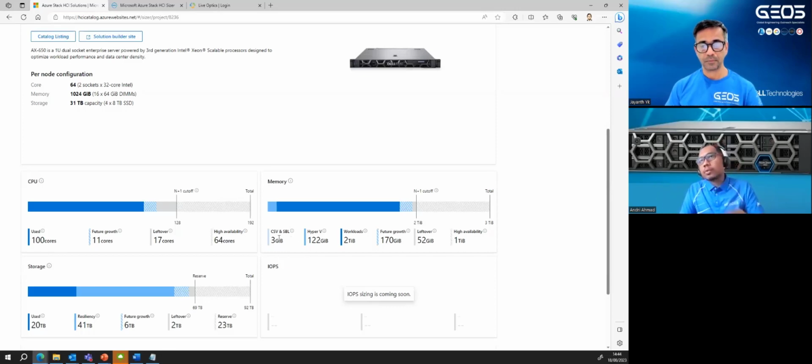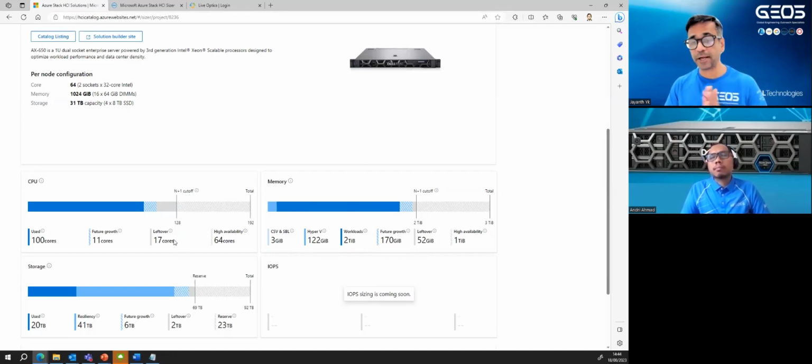So it shows you that it's very low here, only like 3 gigabytes. Overall, you still have 52 gigabytes, a small leftover, but it's enough for your requirement, because you already calculated your growth requirement.